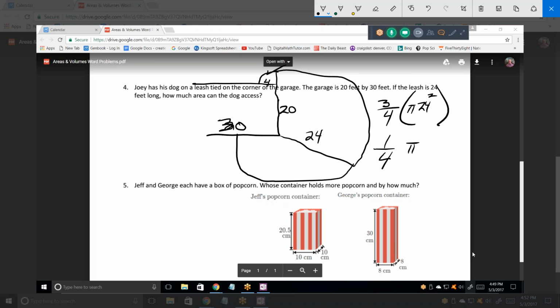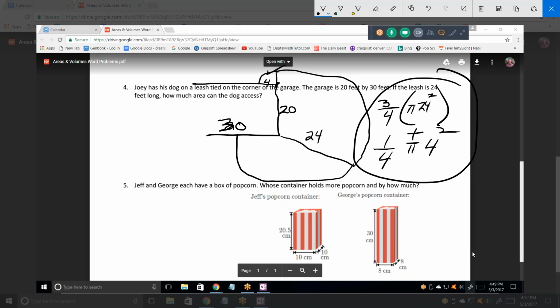Let me think about this for a second. Yeah, when he gets to that point, he's got 4 feet left on his leash. So it's 1/4 pi times 4 squared. So that's our answer, whatever those two are.